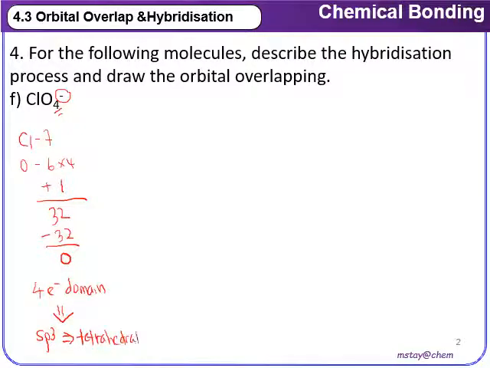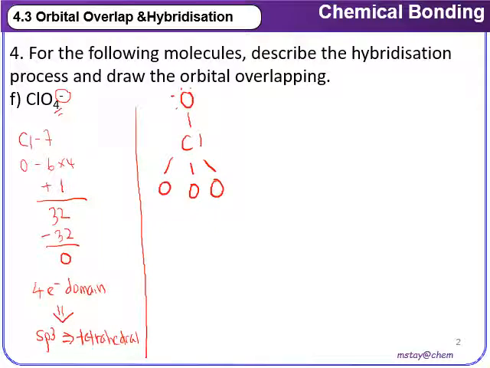and the basic shape is tetrahedral. Next we are going to draw the Lewis structure for ClO4 negative, with chlorine as the central atom in a tetrahedral shape, completing each terminal atom with 8 valence electrons.